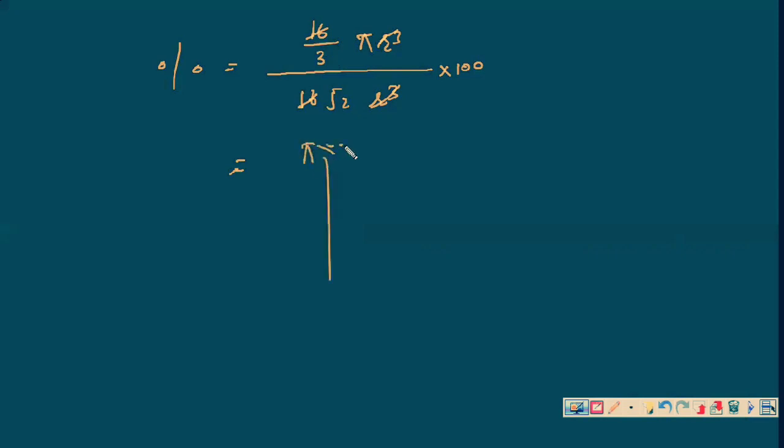Now calculate the packing efficiency. The packing efficiency will be 16 upon 3 pi R cube upon 16 root 2 R cube, multiplied by 100. 16 gets cancelled by 16, R cube gets cancelled by R cube, and what you will find is pi into 100 upon 3 root 2.